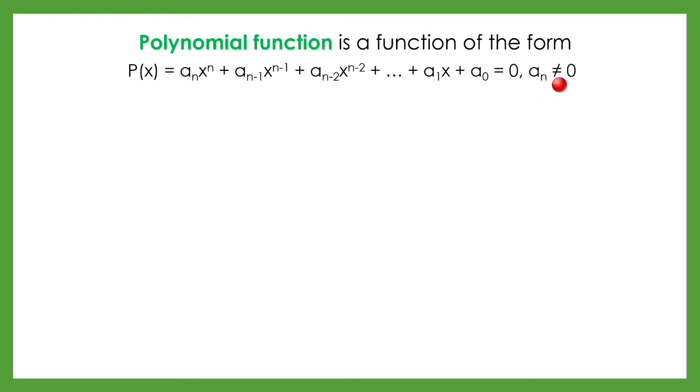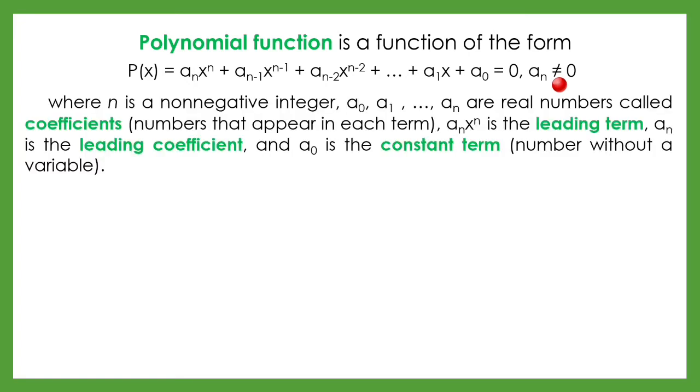So this is the form of a polynomial function, where n is a non-negative integer, yung kanyang exponent, a sub 0, a sub 1, and a sub n are real numbers called coefficient.